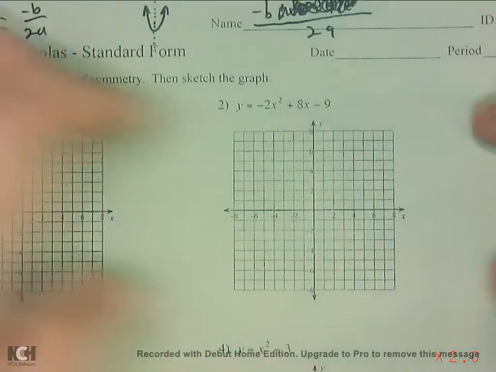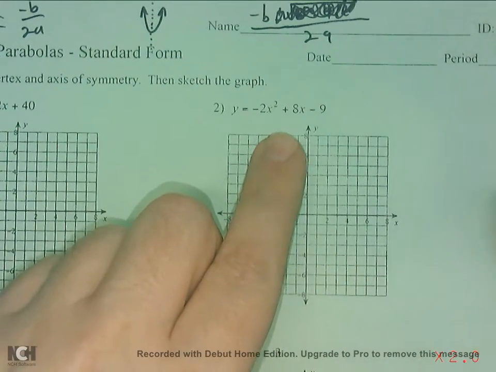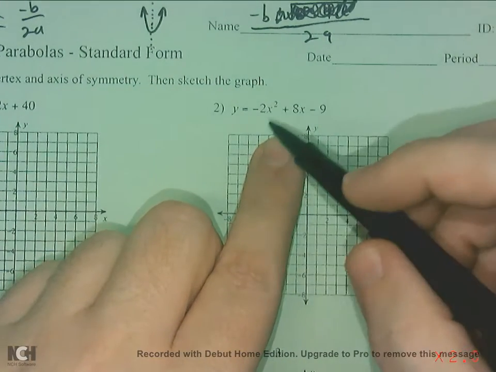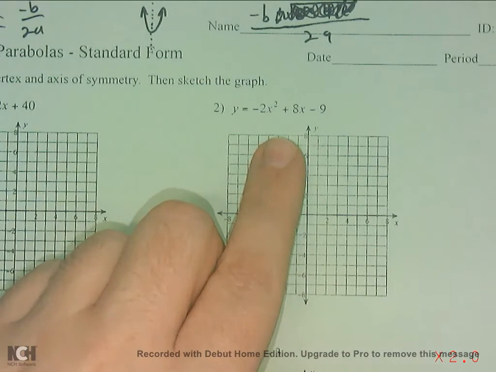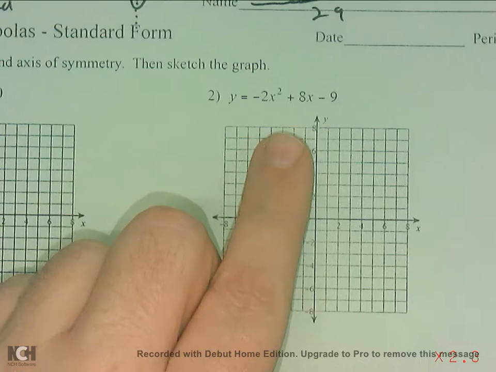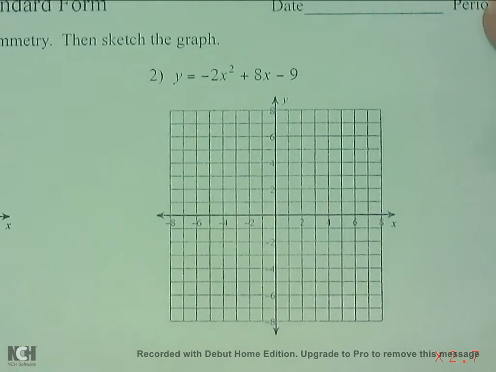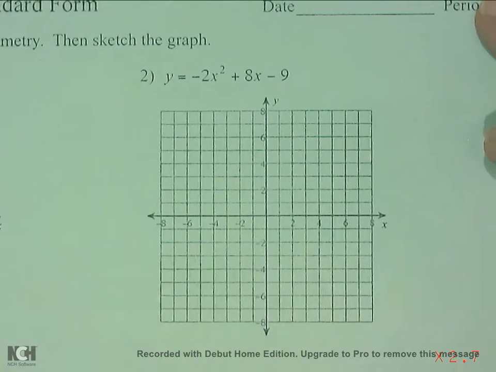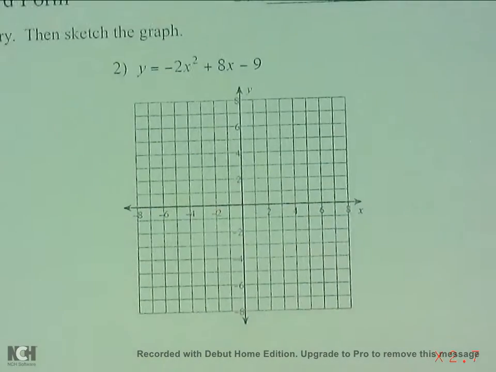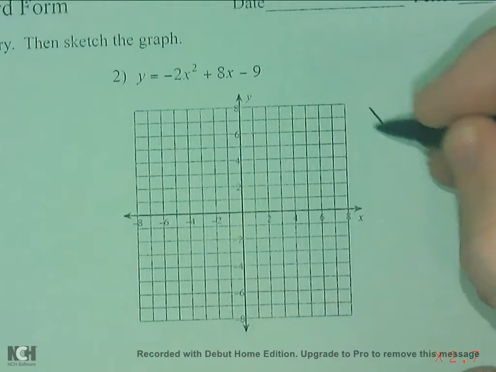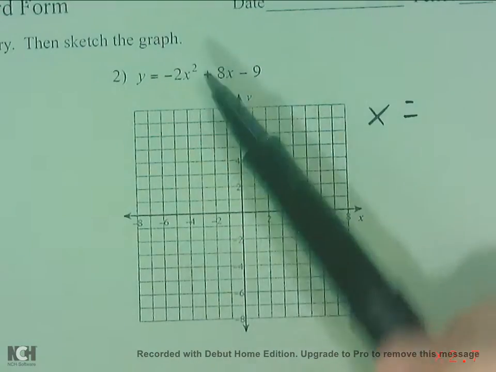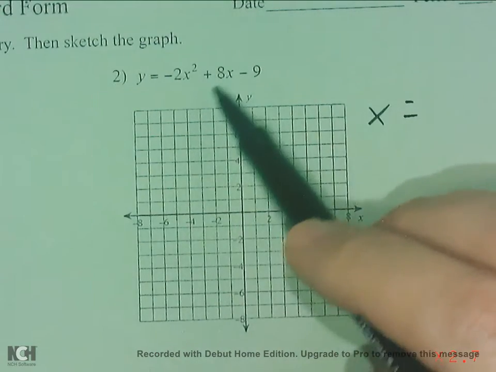So if we look at number 2 here, we have y equals negative 2x squared. Let me zoom in here a little bit so you can see a little bit better. Okay, we have y equals negative 2x squared plus 8x minus 9. Okay, so the first thing I'm going to do is find the axis of symmetry. So I'm going to set up x equals, and I'm going to find b. b is 8.